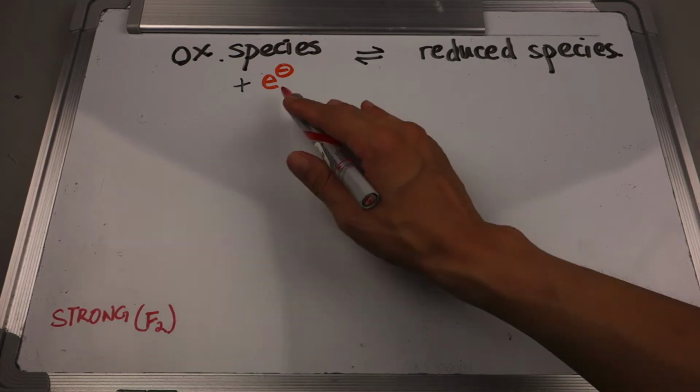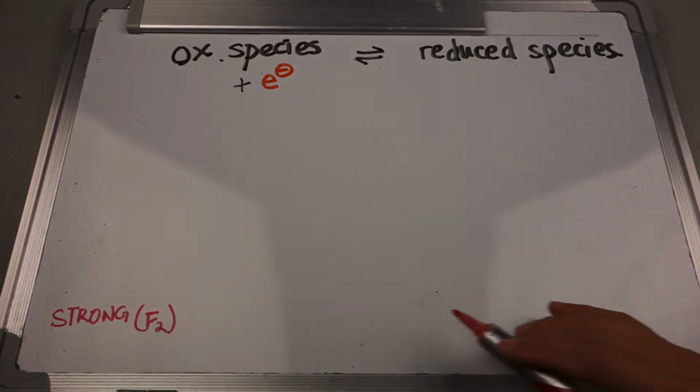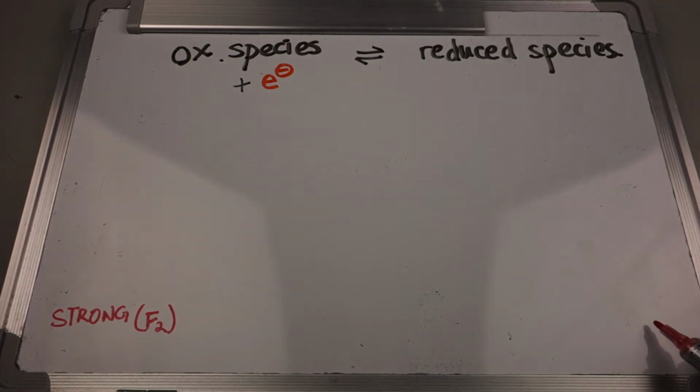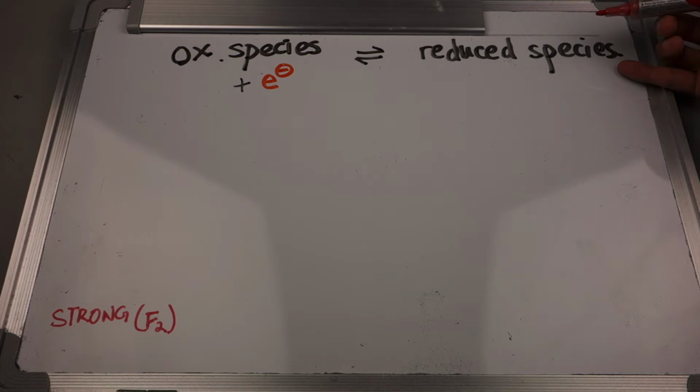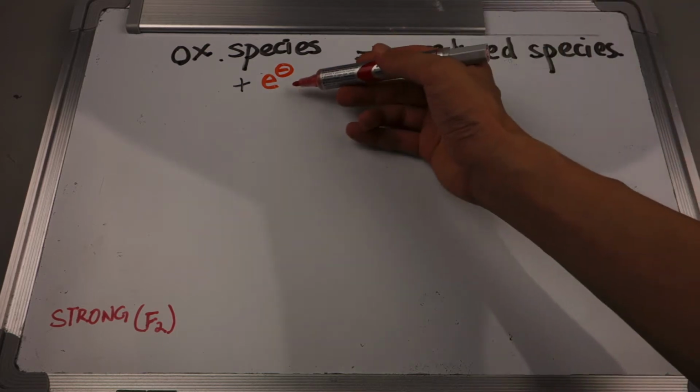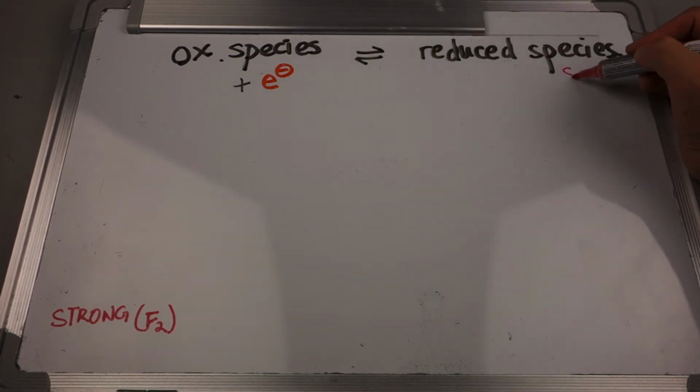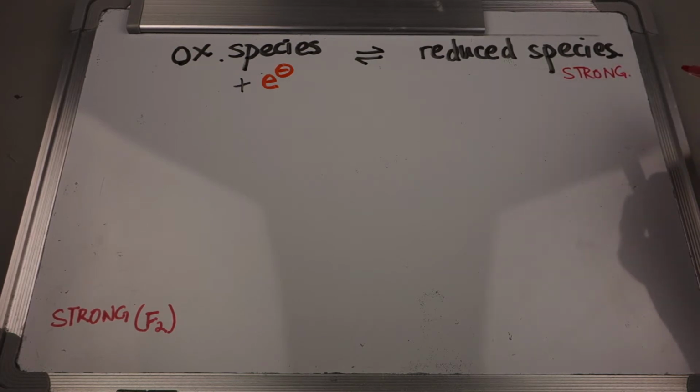It likes to grab any electrons available to it so that it becomes a reduced species. Of the reduced species, the substances that like to give out an electron, here we put the strongest one on the upper right corner.